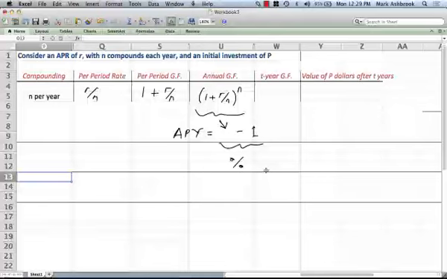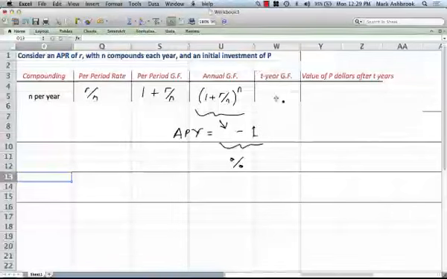Okay, T-year growth factor. Let's go with somebody new. Ryan. So the T-year growth factor. We would take what you have before, the 1 plus R over N to the N power. Yep. And you take the whole thing to the T power. Why? Because that's how many years you're figuring out.